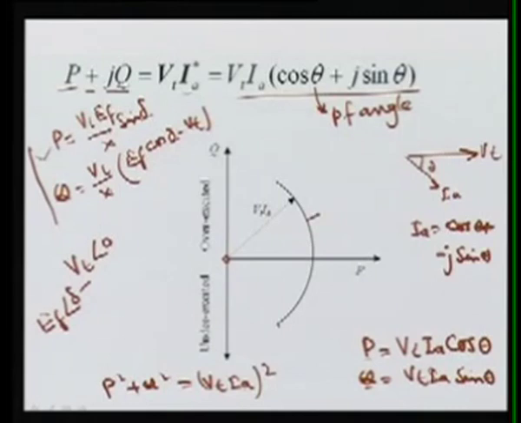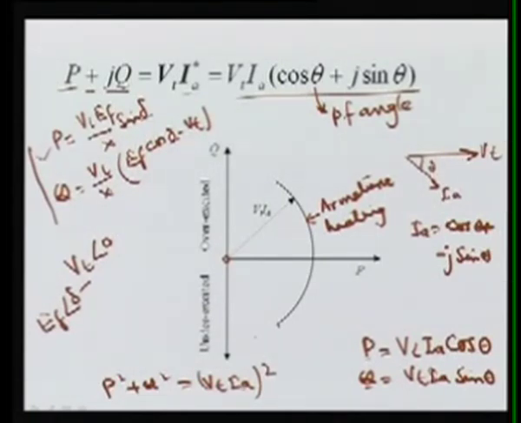This limit is called the armature heating limit, because we cannot exceed this value. For a fixed terminal voltage, Ia cannot be more than a certain value.